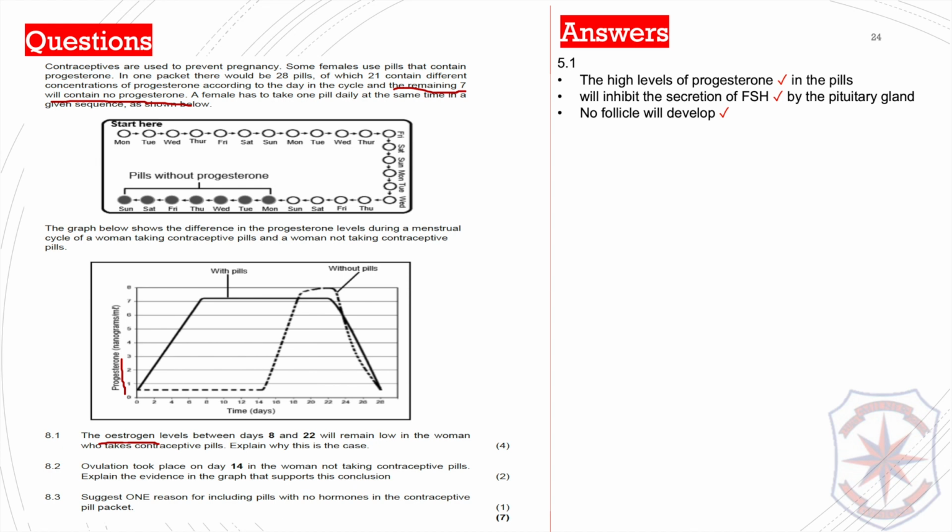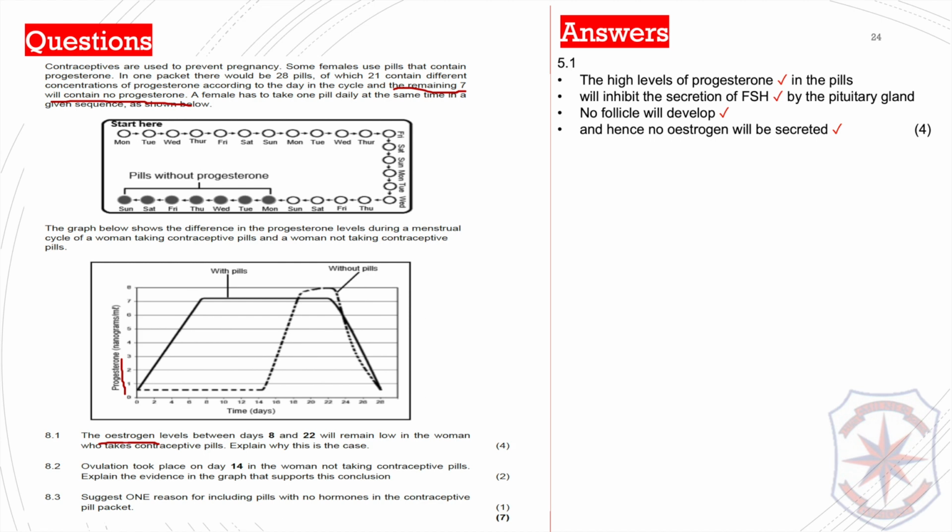What does the follicle produce? Hence, no estrogen will be secreted. So the follicle secretes estrogen. So if there is no follicle, there is no estrogen that will be secreted. That is for 4 marks.